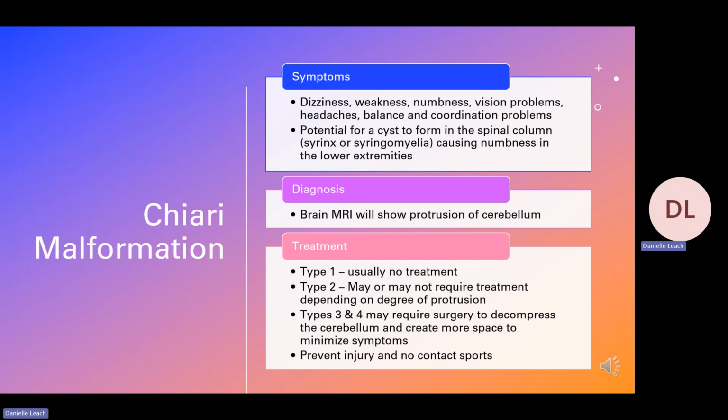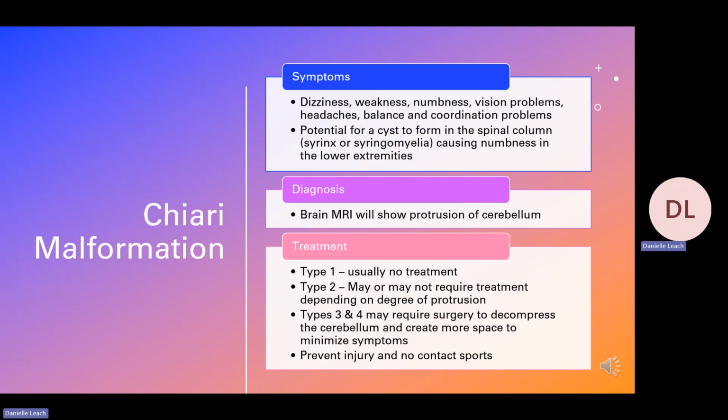So some general symptoms of Chiari malformation can be things like dizziness, weakness, numbness, vision problems, headaches, and of course, balance and coordination problems because we're dealing with the cerebellum. These patients also have a potential for a cyst to form in the spinal column, which is called a syrinx or syringomyelia, which causes numbness in the lower extremities.